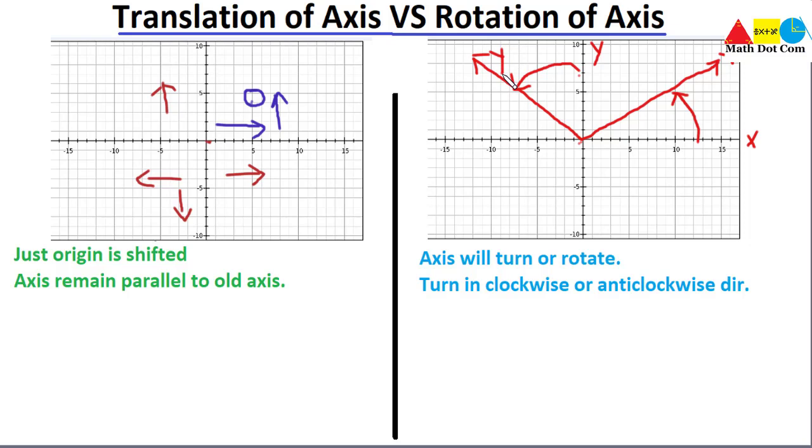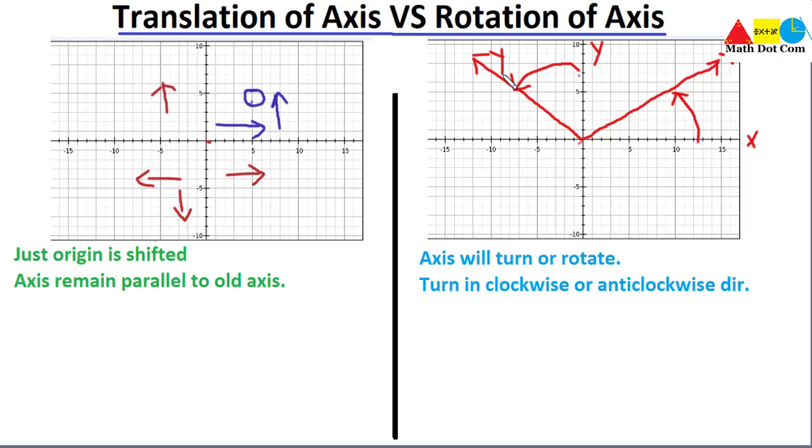So this is called the rotation of axis, where the origin is the same but the axes are moving in either the clockwise direction or the anti-clockwise direction. In this diagram it is moving in the anti-clockwise direction. It is not necessary that it moves anti-clockwise; it can also move in the clockwise direction. So this is called the rotation of axis.